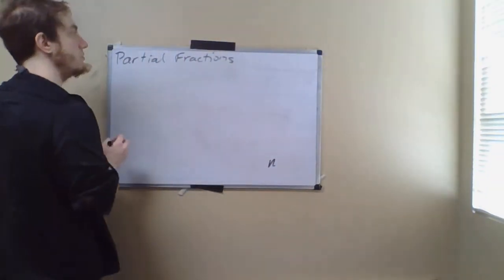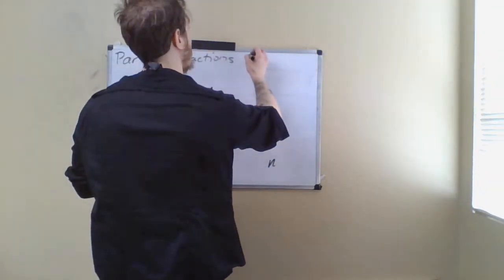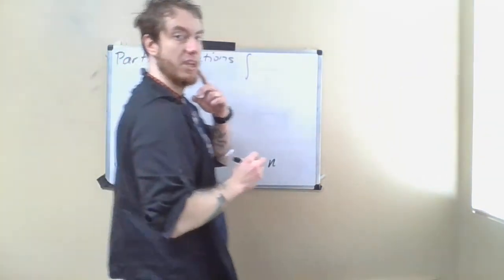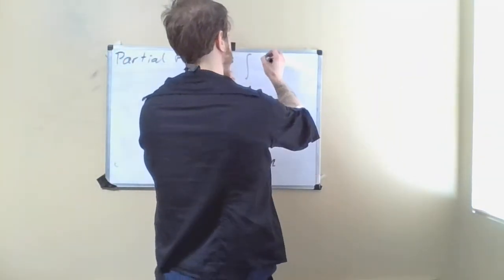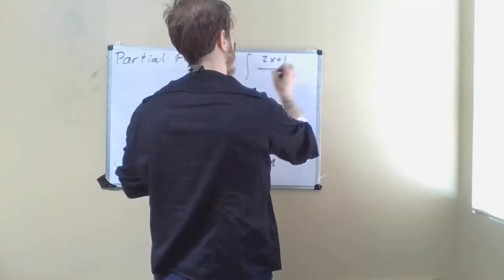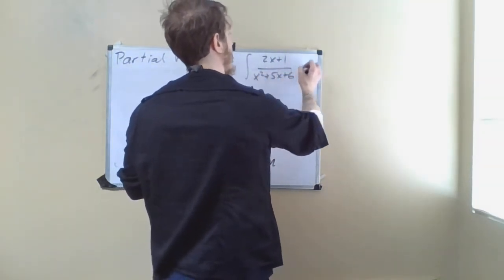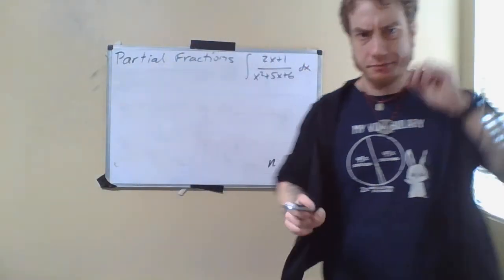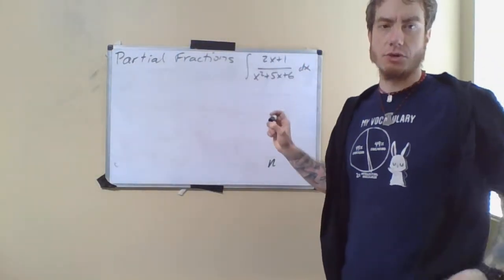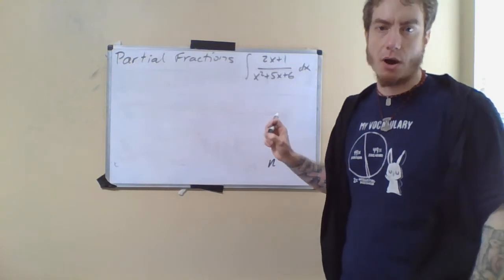I think the best way to do this is to just show you an integral and see what we can do with it. So let's suppose that I have something like 2x plus 1 divided by x squared plus 5x plus 6 dx. Now, we could probably do this integral using the techniques that we've come up with so far.